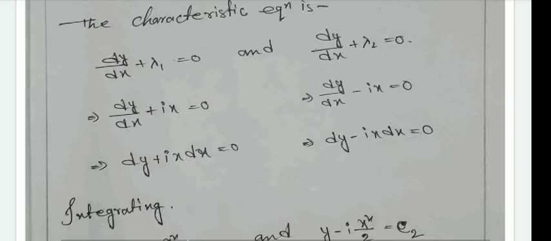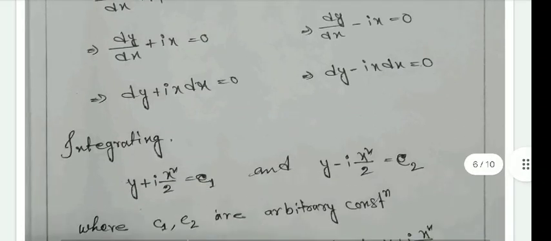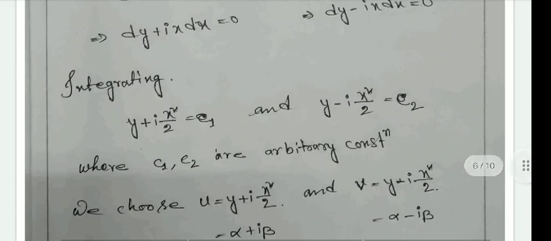After some calculation, we find this equation: (dy plus ix dx)(dy minus ix dx) equals 0. So we integrate. After integration, we find this, where c1 and c2 are arbitrary constants.